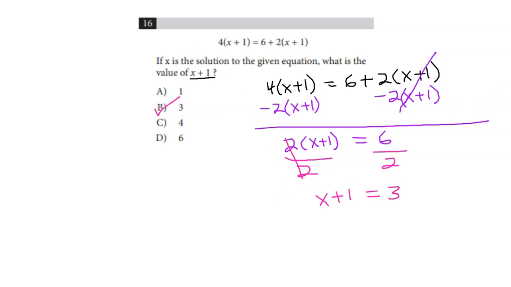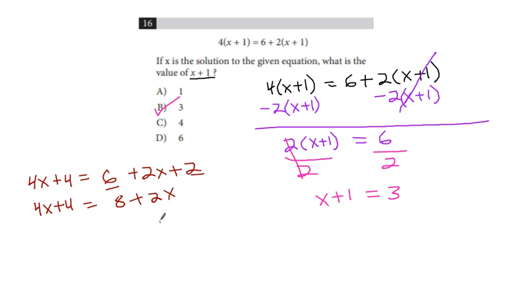Let's look at the other way that most of us are used to. You will distribute, and when we distribute we get 4x plus 4 equals 6 plus 2x plus 2. This and this you add, you get 8 and 2x. Now we want to combine like terms, so we take this to the other side, so we subtract.